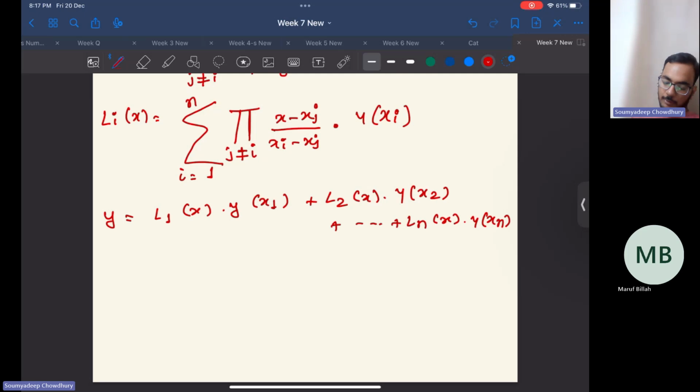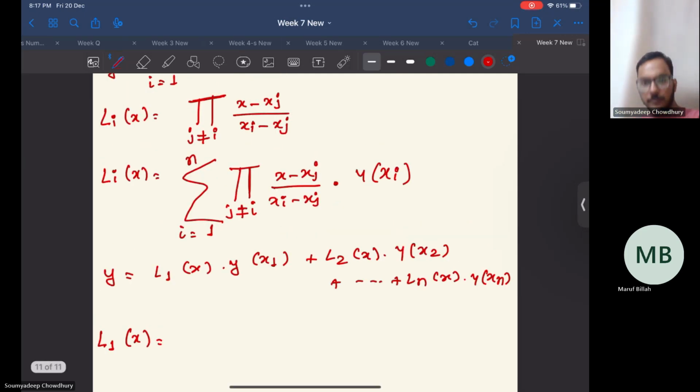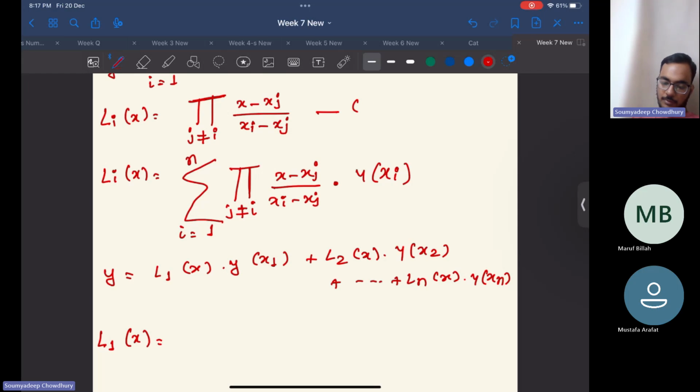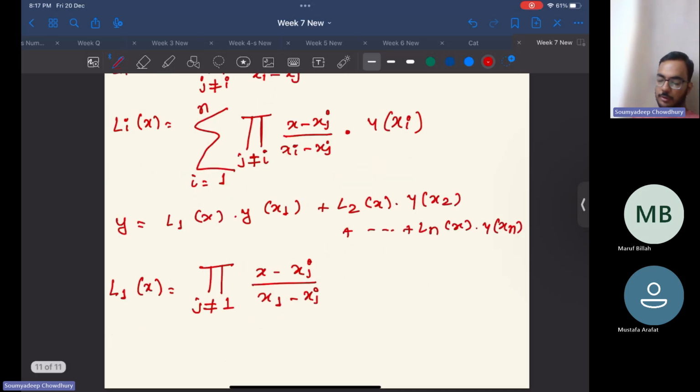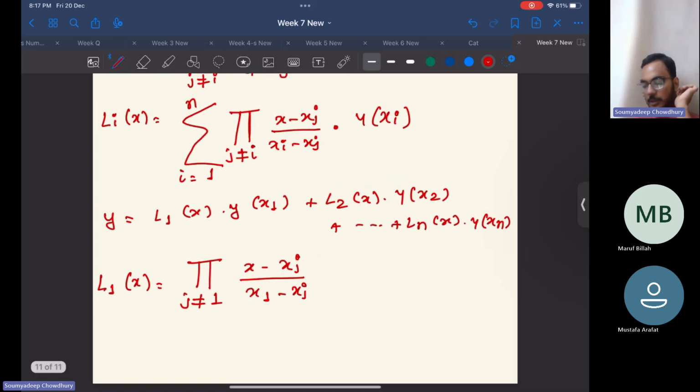Now we try to find out L1 of x from the second equation. Here i is 1, so it is basically the product for j not equals to 1 of (x minus xj) upon (x1 minus xj). Your j will vary from 1 to n, but j will not be equal to i.